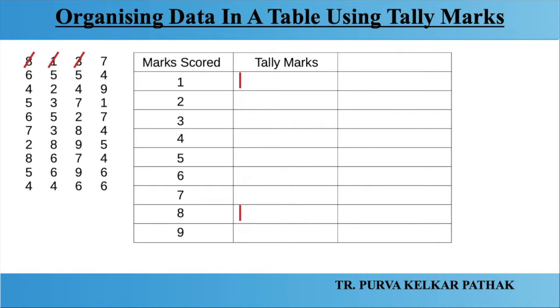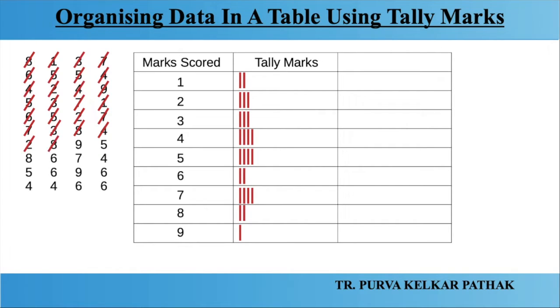We strike out 3 and put a tally mark against 3. 7, 6, 5, 5, 4, 4, 2, 4, 9, 5, 3, 7, 1, 6, 5, 2, 7, 7, 3, 8, 4, 2, 8, 9. The next score is 5.